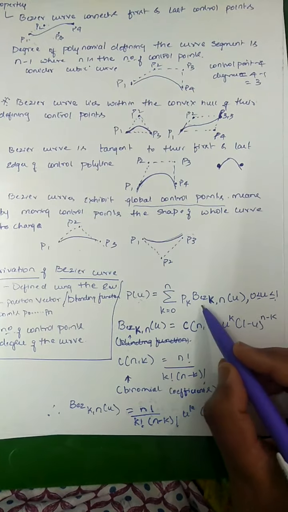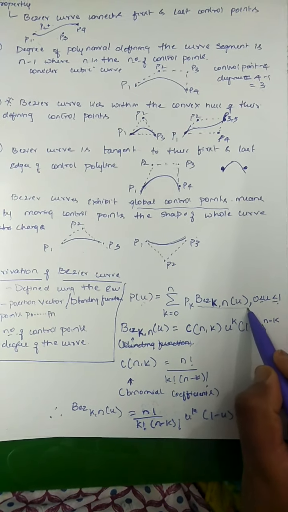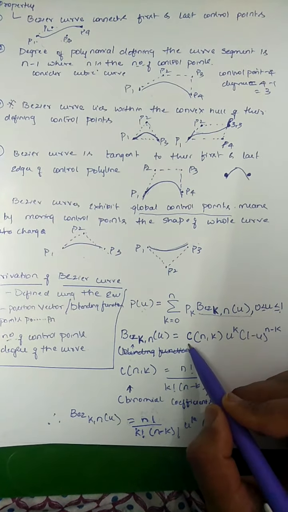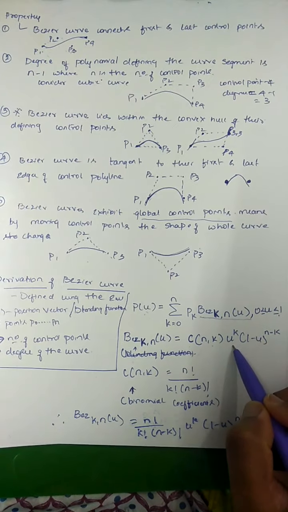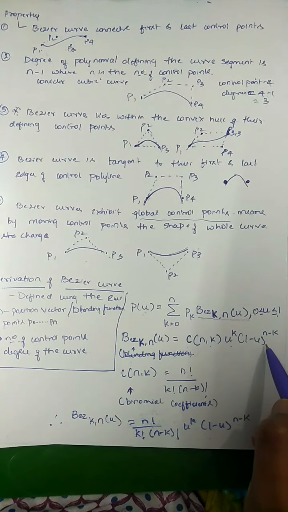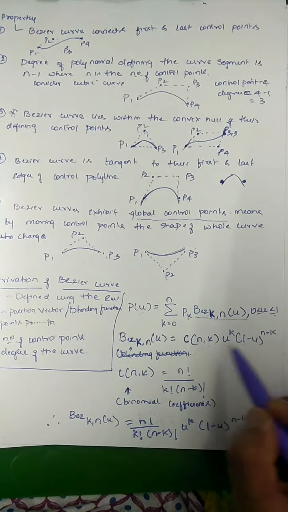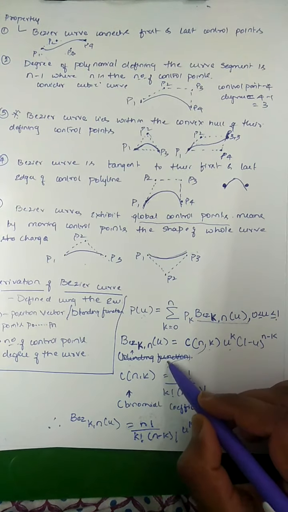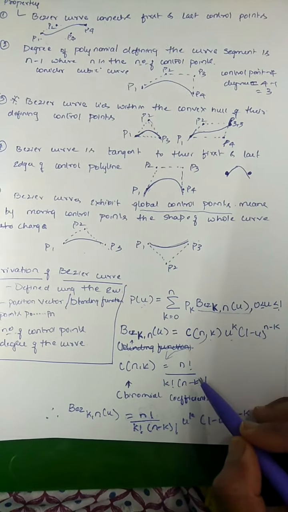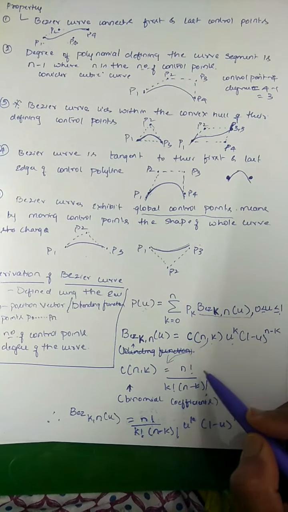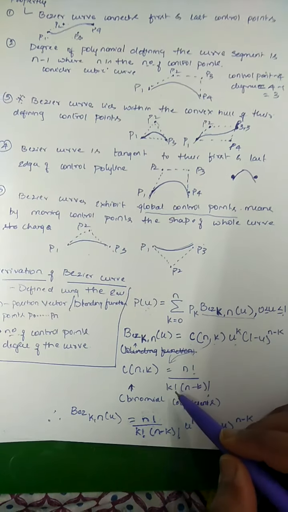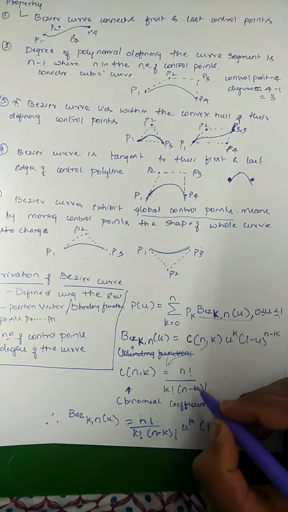With respect to this Bz, it can be written as C of n comma k, u power k, 1 minus u to the power n minus k. Further, this C of n comma k is nothing but a binomial coefficient, n factorial divided by k factorial into n minus k factorial.